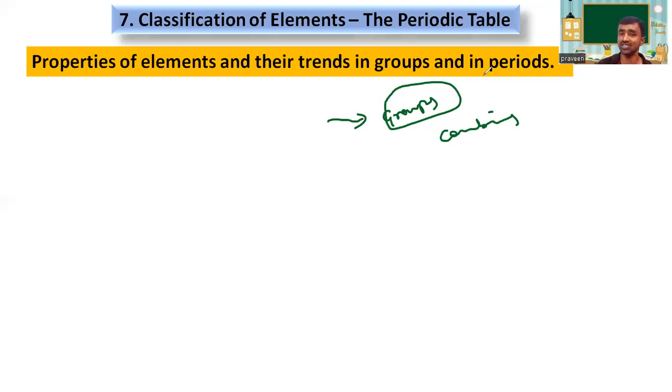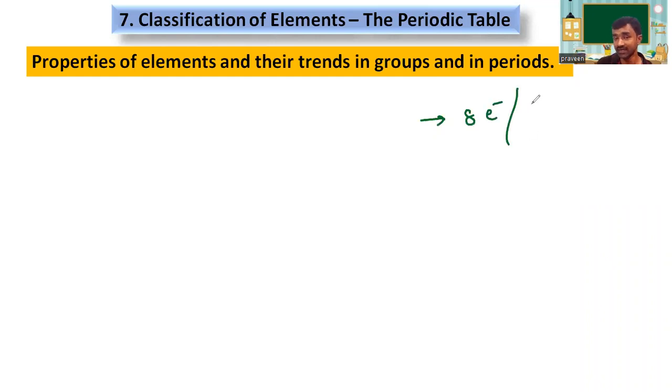So valency shell electrons are responsible for the stability of the atom, right? All the elements are trying to obtain 8 electrons, the octet configuration, or simply they try to behave like noble gas elements in their electronic configuration.